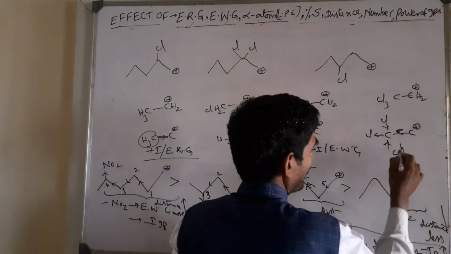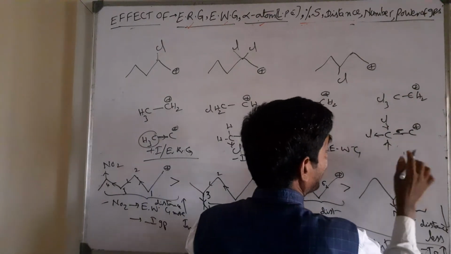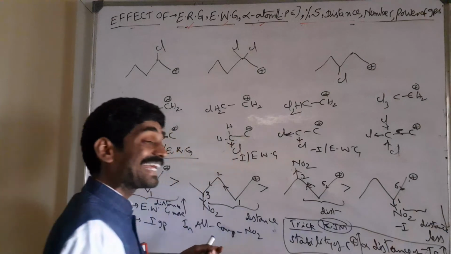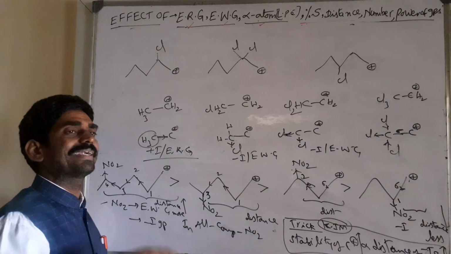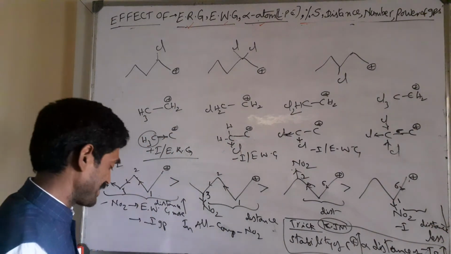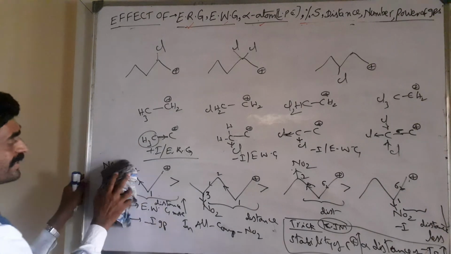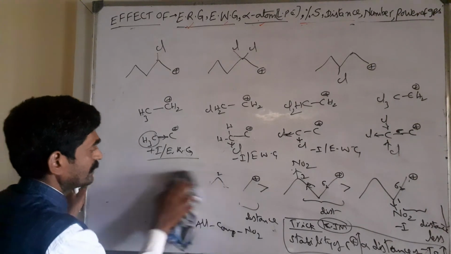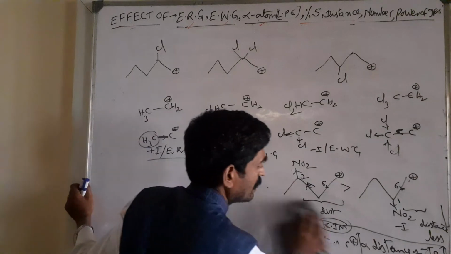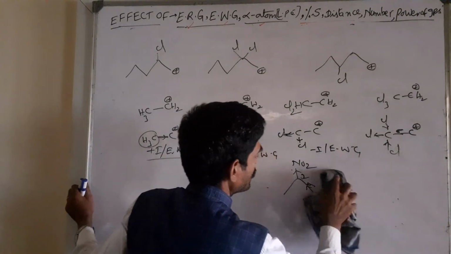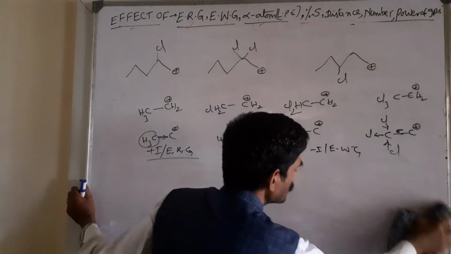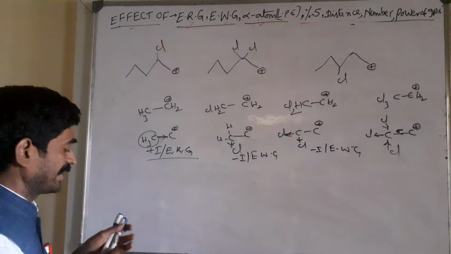So as the number of withdrawing groups increases, the stability of carbocation decreases, inversely proportional. Is it clear? This is how to study and understand the concept, and then questions of this type in the exam are very easy.